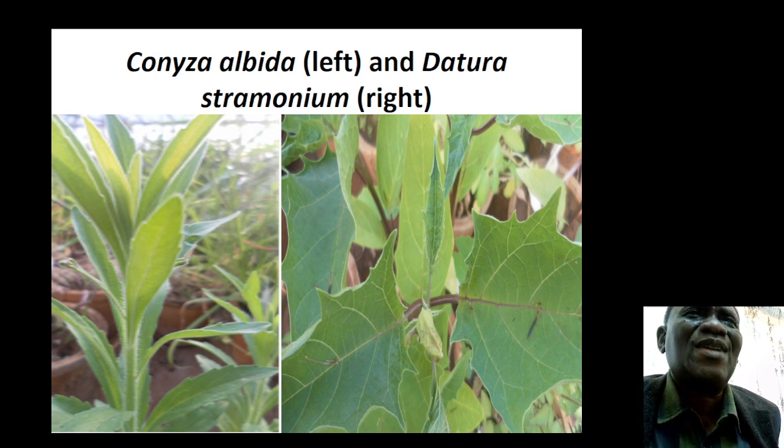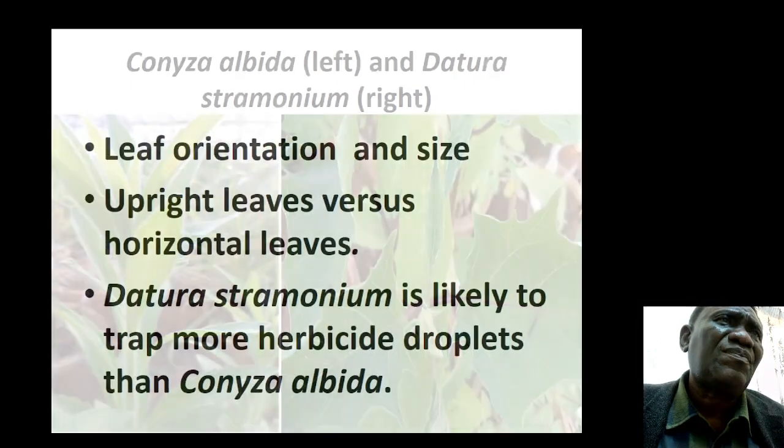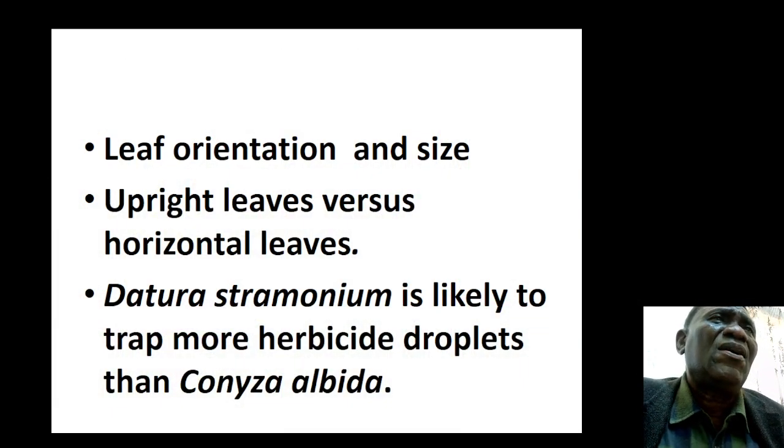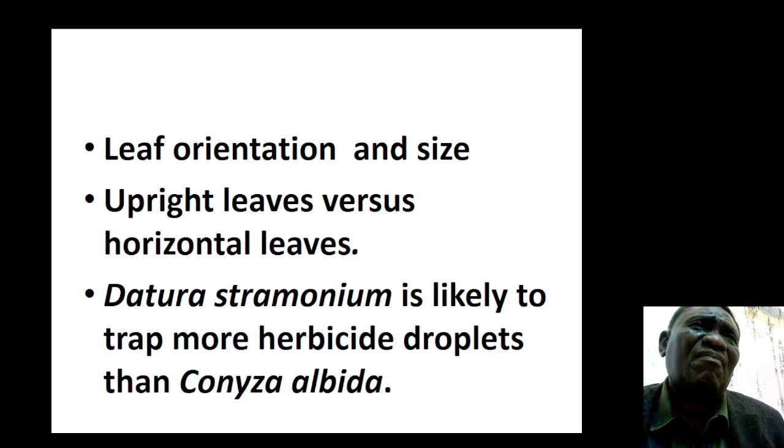They are also large leaves with a capacity to trap a lot of droplets. So leaf orientation and size is important. Upright leaves versus horizontal leaves.